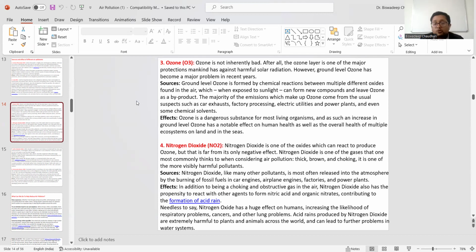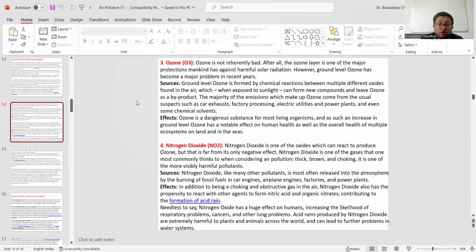Number four, nitrogen dioxide, NO2, which is toxic. Mostly engines, automobile industries and automobile factories produce it. Nitrogen dioxide is one of the oxides which can react and produce ozone, but that is far from its only effect. Nitrogen dioxide is one of the gases most commonly seen and considered as air pollution: thick, brown, and choking.